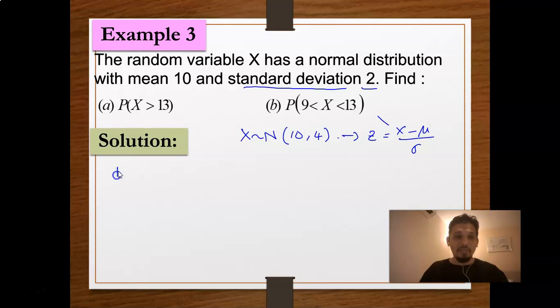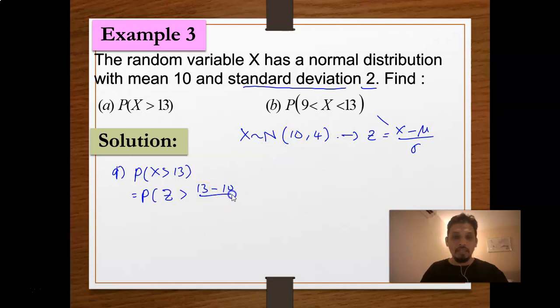So for the first one here, A: the probability of x greater than 13 is equal to the probability of z, the standard normal distribution, which is 13 minus the mean divided by the standard deviation, which is 2.